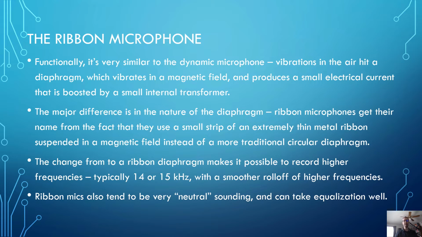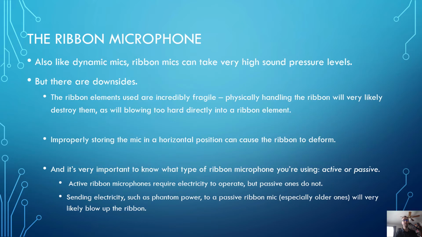Also, ribbon mics, because it's a strip, you can pick up sound from either side. So they have a different pickup pattern than what you would expect on a dynamic microphone. But also like dynamics, ribbon mics can take very high sound pressure levels.